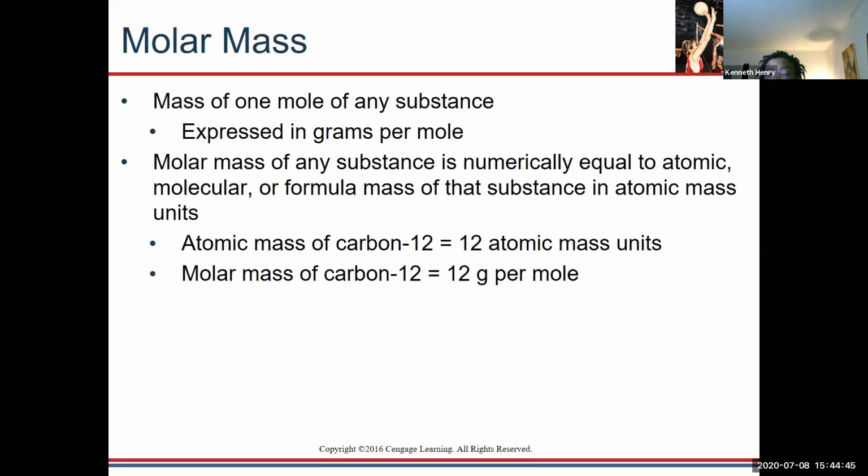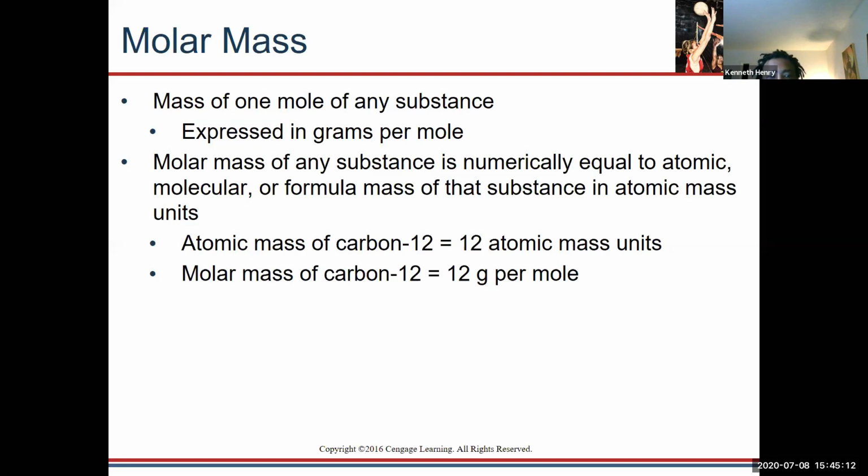Okay, so molar mass. We've talked about a single molecule. Now that you've been introduced to the mole, we often put things in terms of molar mass. It's the mass of 1 mole of any substance. So if we're talking about carbon, 1 mole of carbon is 12 grams.